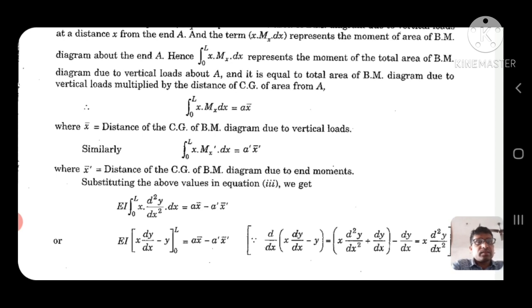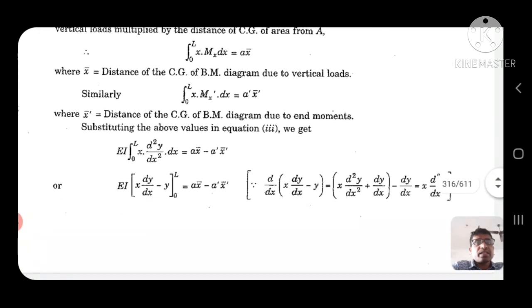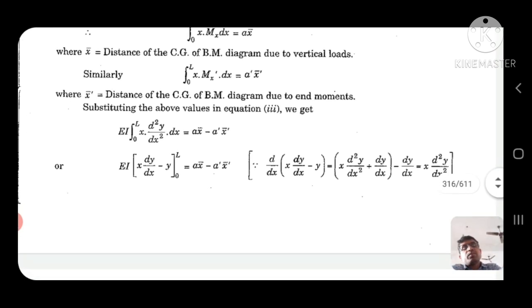Hence, the integral of x Mx dx from 0 to L represents the moment of the total area of the bending moment diagram due to vertical load about A, and it is equal to the total area of the bending moment diagram due to vertical load multiplied by the distance of the CG of the area from A. So the integral from 0 to L of x Mx dx is equal to A x prime, where x prime is the distance of the CG of the bending moment diagram due to vertical load.